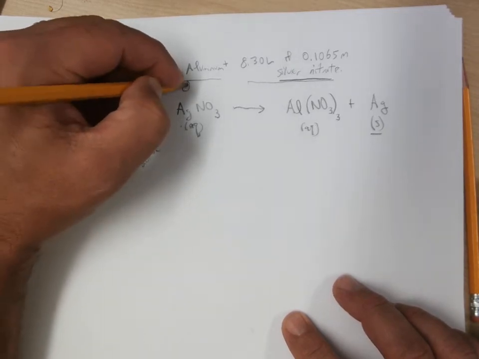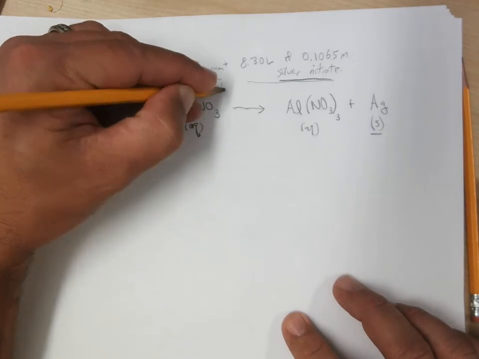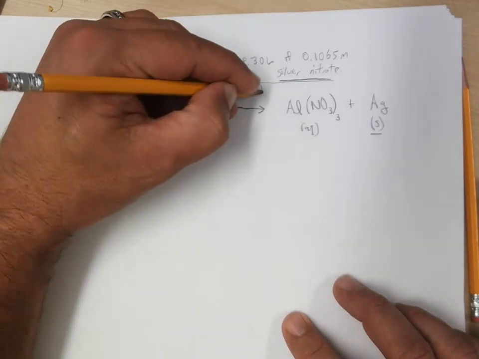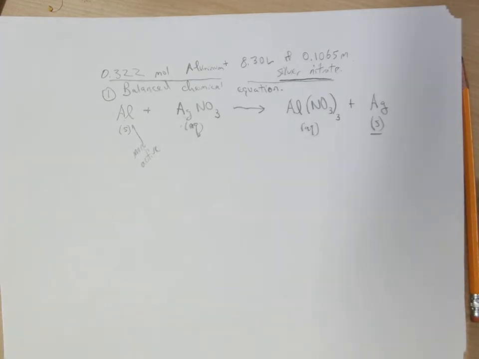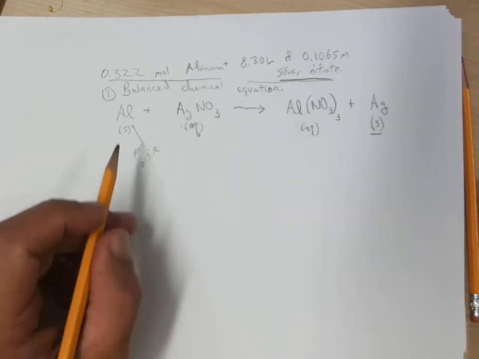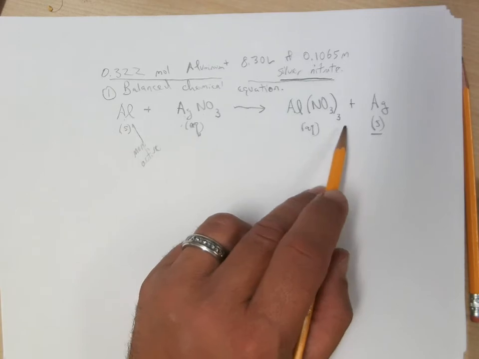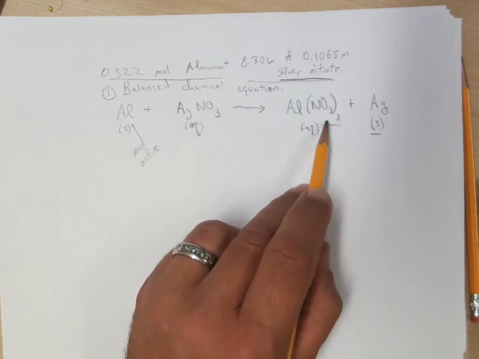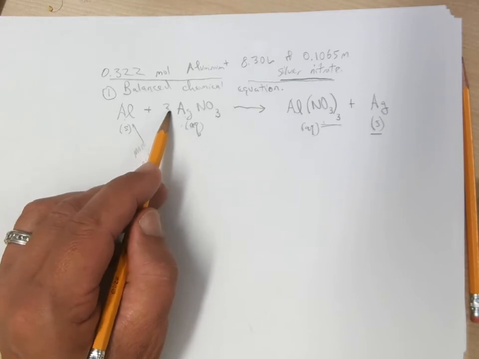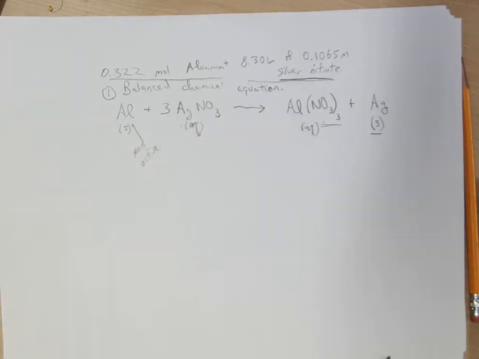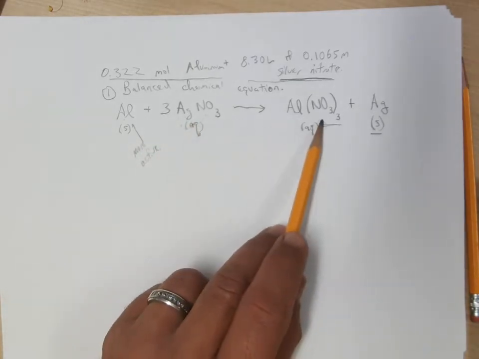Right, so the first step in any limiting reagent problem that I've ever done is we want a balanced chemical equation. If you didn't know why I was writing out a balanced chemical equation, it's just the way that chemists describe the world. So the aluminum is reacting with silver nitrate. Now we have to balance it. We have 3 nitrates in the aluminum nitrate, so we're going to need 3 moles of silver nitrate to provide those nitrates.